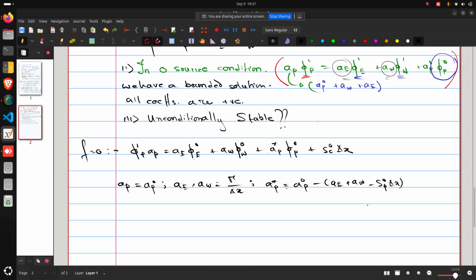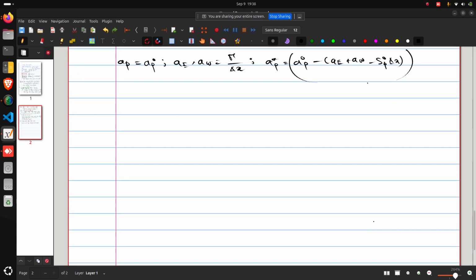Now to have a bounded solution, we need to have all positive coefficients, right? So AP naught should always be greater than or equal to A east plus A west minus SP naught delta x.